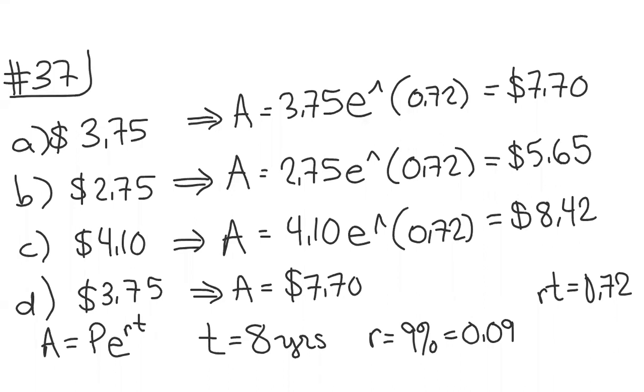So I'm going to erase some of this and just write in what I need to change, right? So in number 38 in the book, we now are looking at 10 years, right? And so that's going to change our rt value to 0.9.